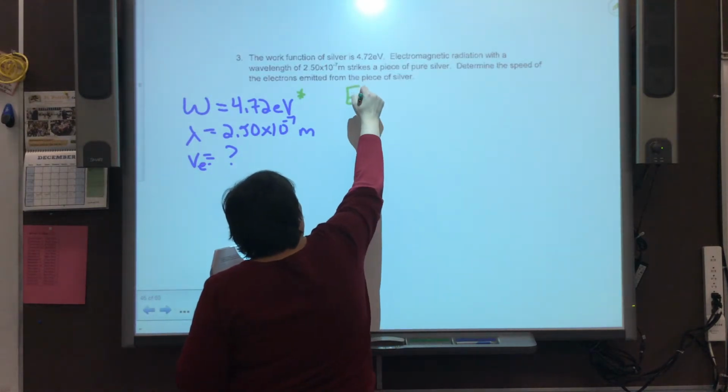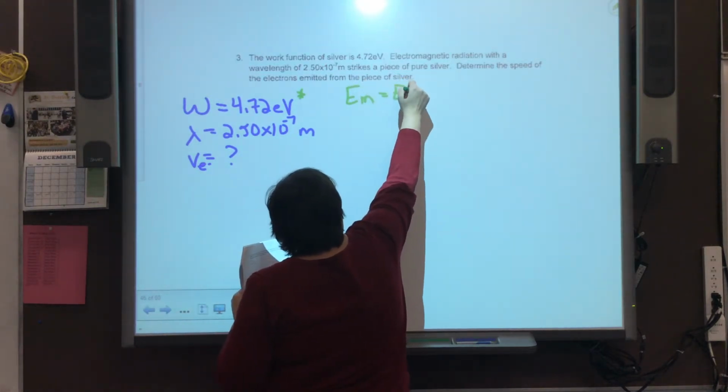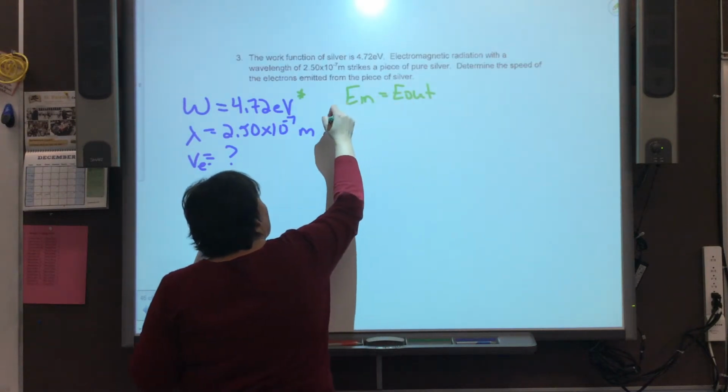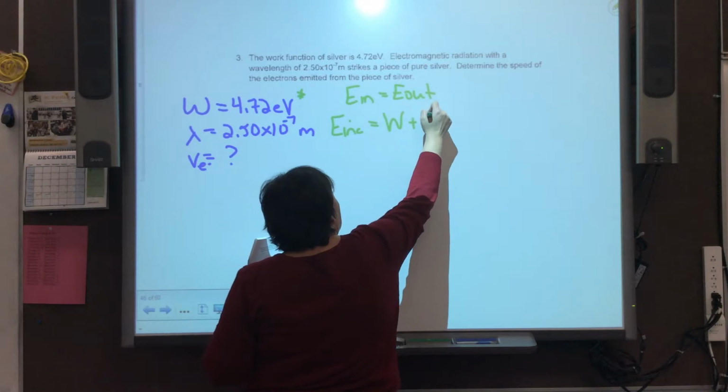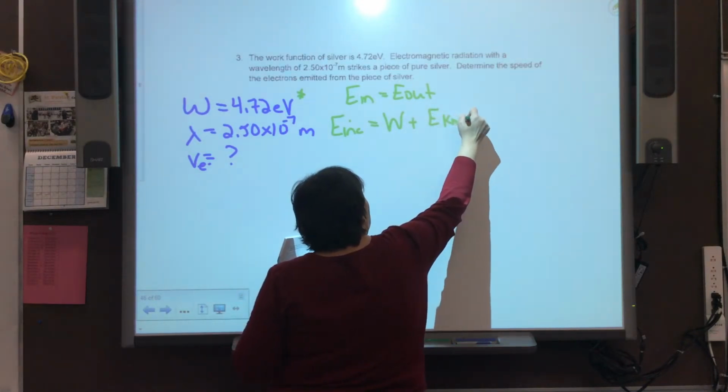Energy in equals energy out. The incident energy is equal to work plus the maximum kinetic energy.